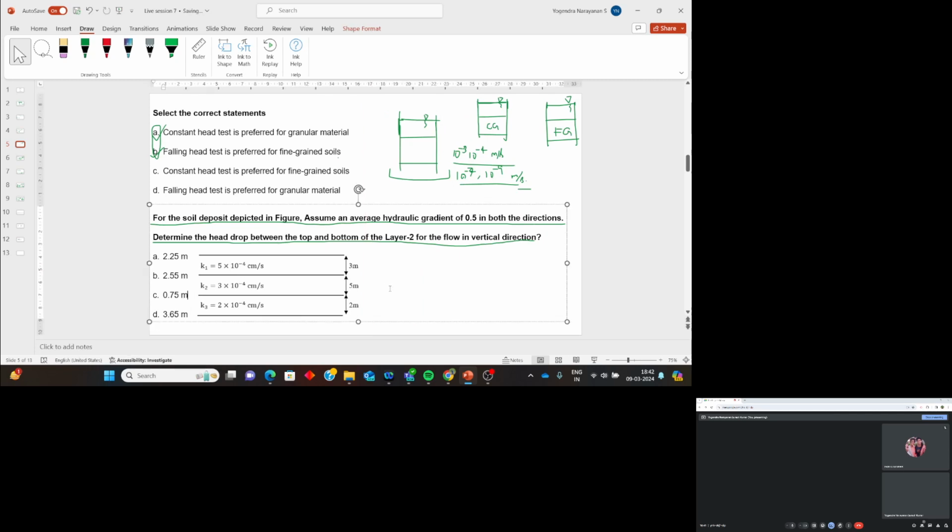Sir, explain, sir. Okay. So now we have these three layers, right? Now they have mentioned to assume an average hydraulic gradient of 0.5 in both the directions. So if you calculate the effective hydraulic conductivity, you will have a single layer with K effective and I effective, right?